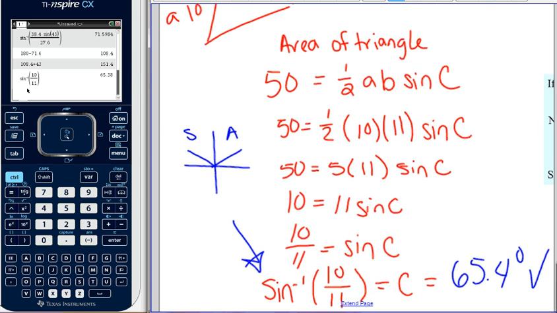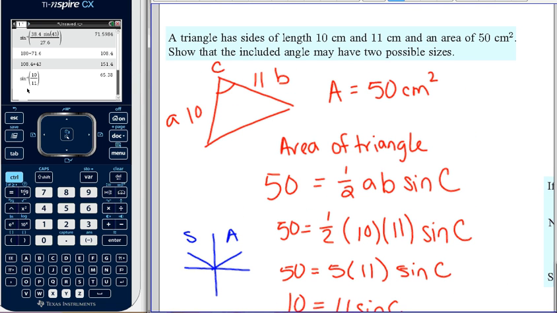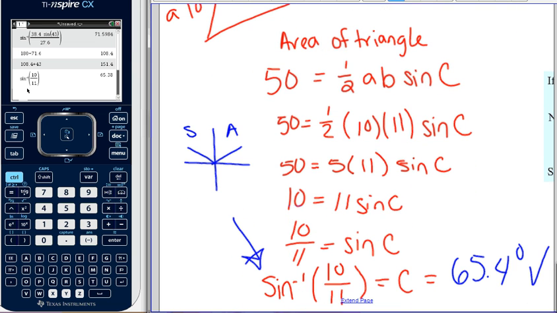And actually, in the question, it says show that the included angle may have two possible sizes. So we know that we're going to expect that there's two solutions here. So one of them happens to be 65.4 degrees. The other is going to be 180 minus 65.4 degrees.